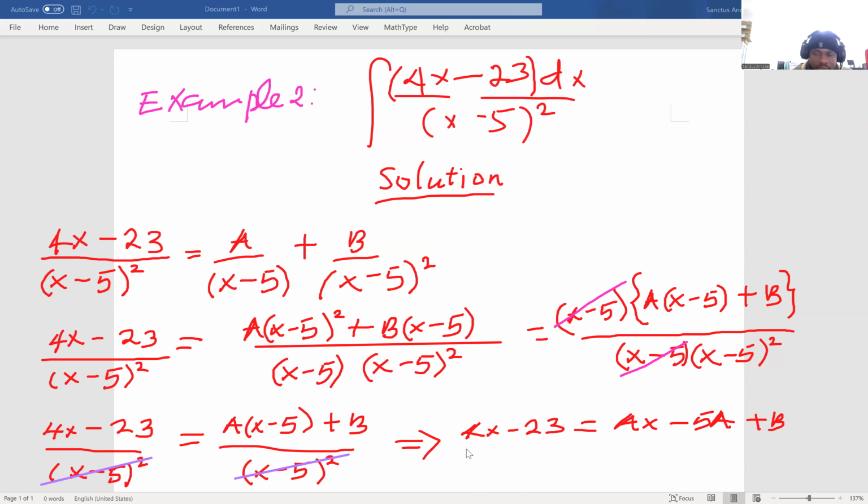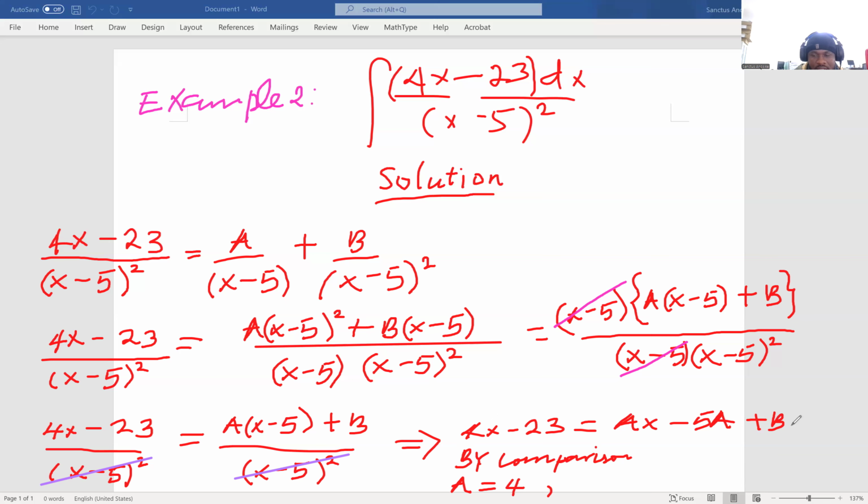So by comparison, we have that A is equal to the coefficient of x. The coefficient of x on this side of the equation is just 4. That means A is equal to 4.